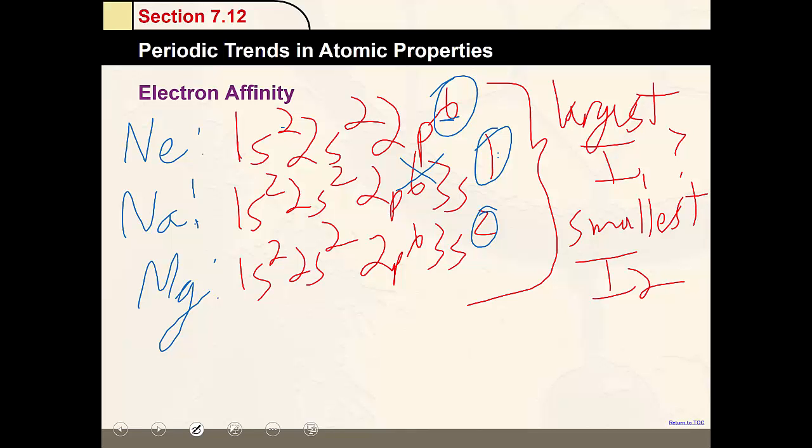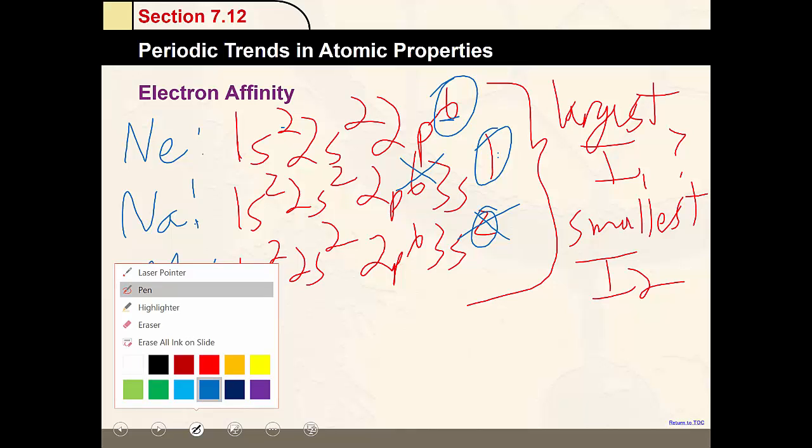But if you look at magnesium, the first 2 electrons are removed from the 3s sublevel, so the third energy level. So therefore, magnesium has the lowest second ionization energy because both of those electrons are removed from the third energy level, which is farther from the nucleus than the second energy level.